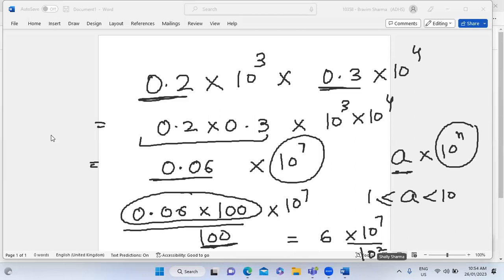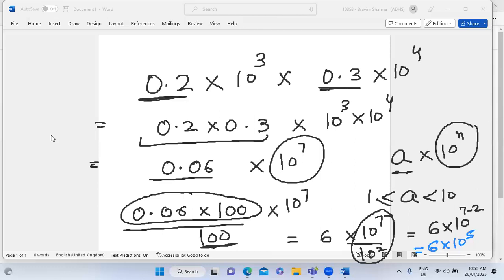Then I will combine these two powers of 10, applying the index law. So it will be 6 times 10 to the power of 7 minus 2. So the final answer will be 6 times 10 to the power of 5.